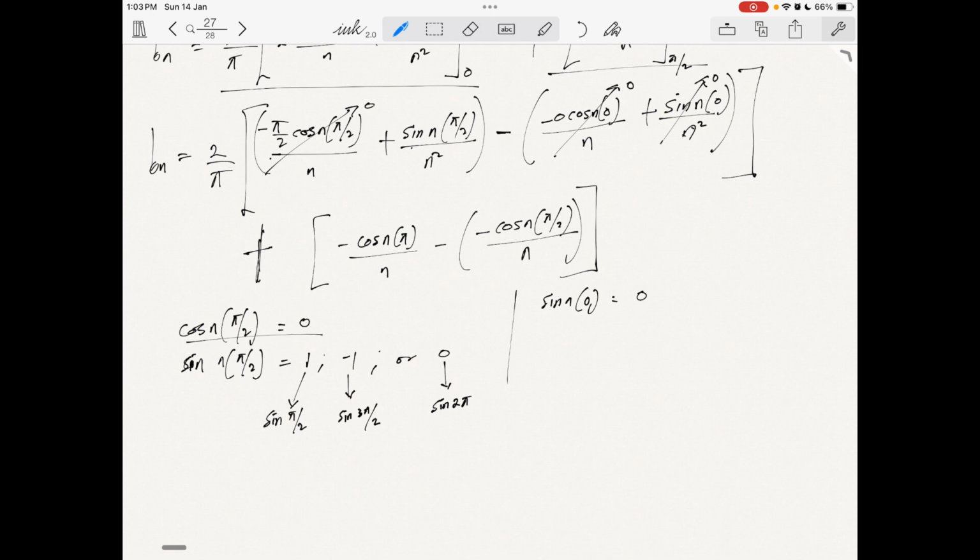So this is 0. Cos n pi over 2 will be 0. So we are left with 1 and 2.